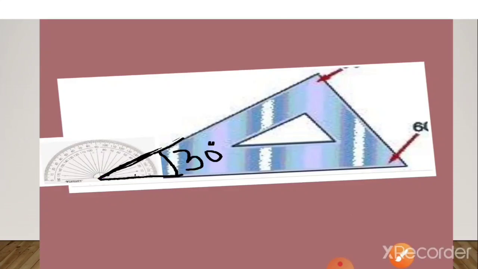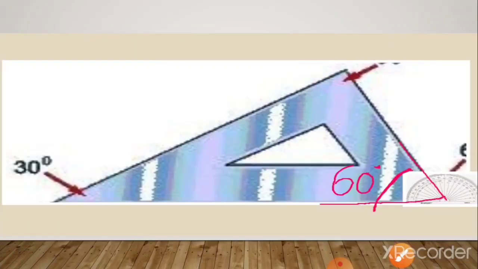Now let's measure the next angle. I have put my protractor on the other side. Again the vertex is at the midpoint of the protractor, right? And I have measured this angle like this. This is how you need to measure. Please measure on your own and check whether this angle is 90 degrees or not, but place the protractor properly on the set square.